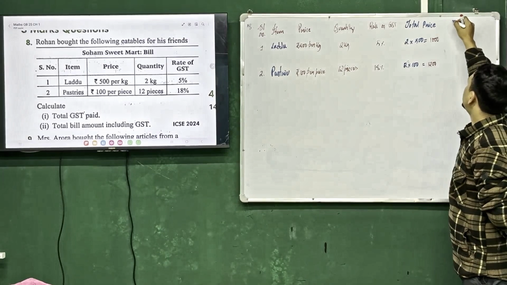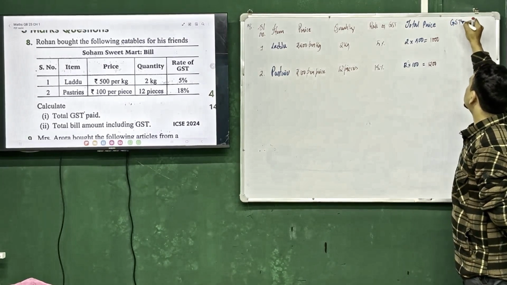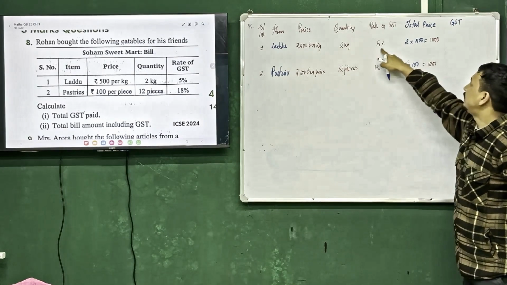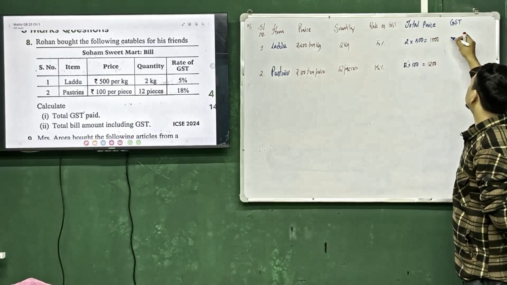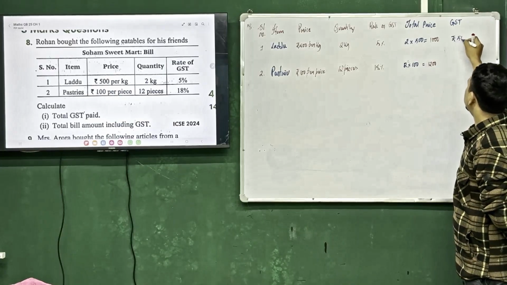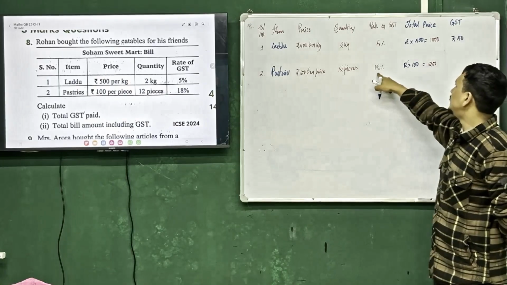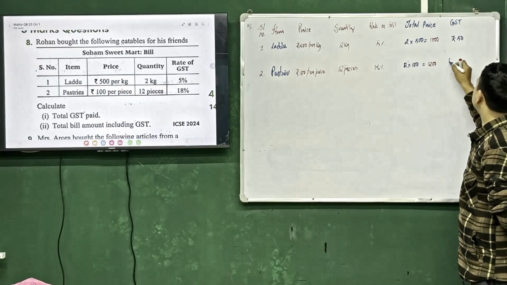Then we will find the GST directly since there is no discount. GST will be 5% of 1000, which is 50, and 18% of 1200.